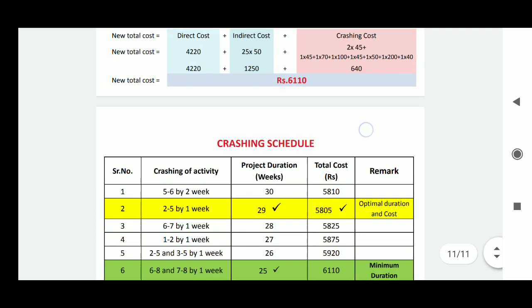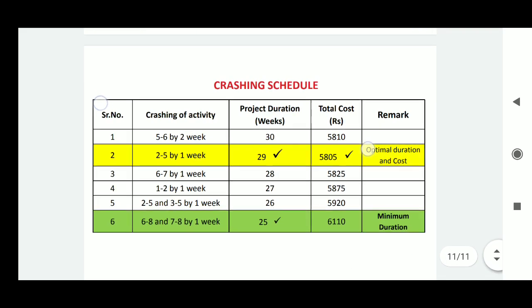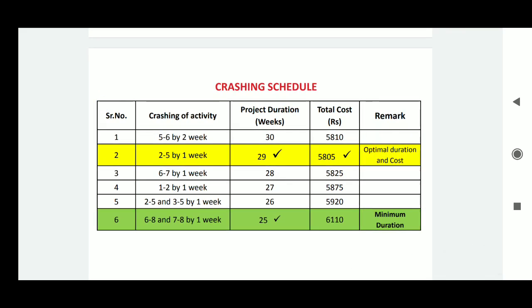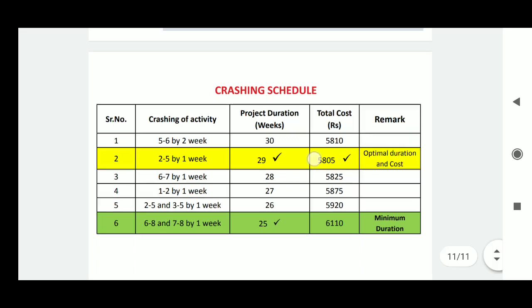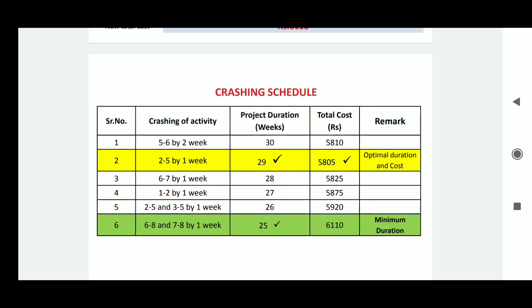Now the crashing schedule is presented in the above table, all 6 steps that we have taken, and how the project duration gradually reduces and the total cost of the project is indicated in the above table.